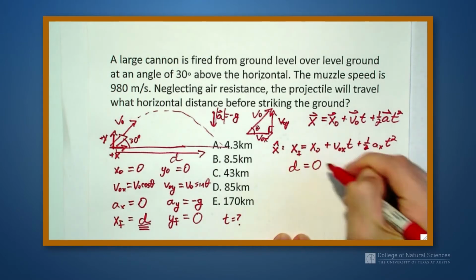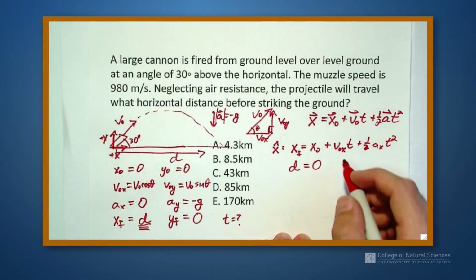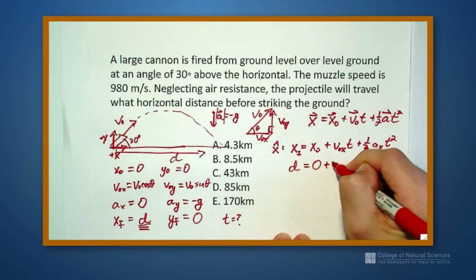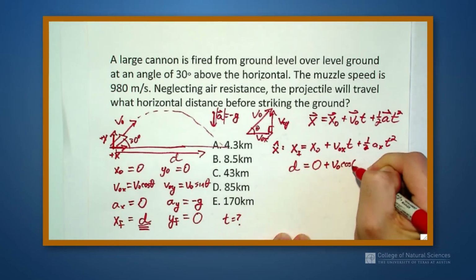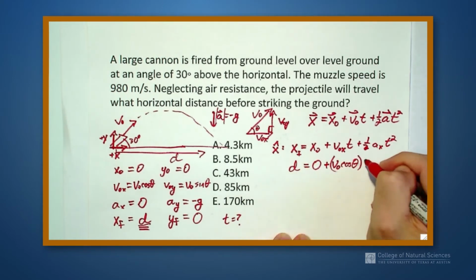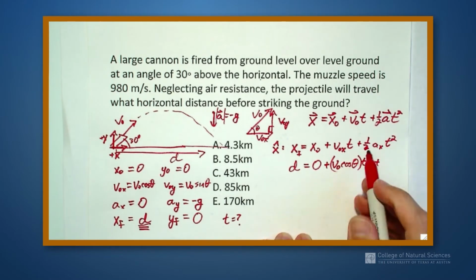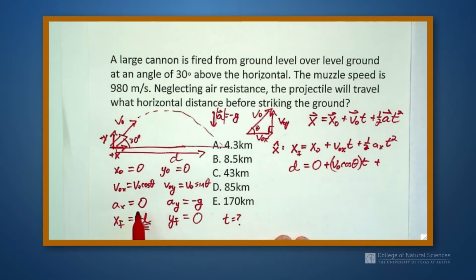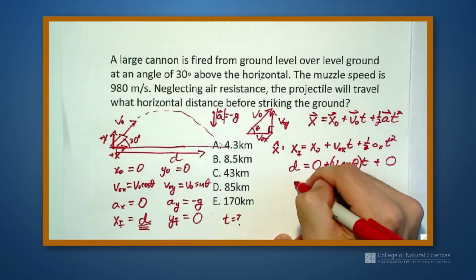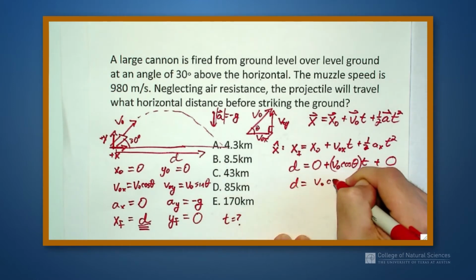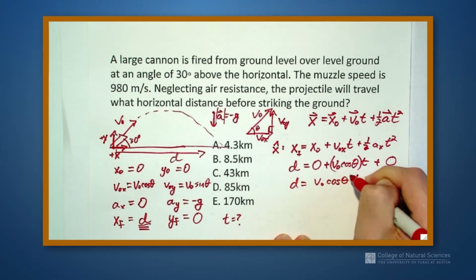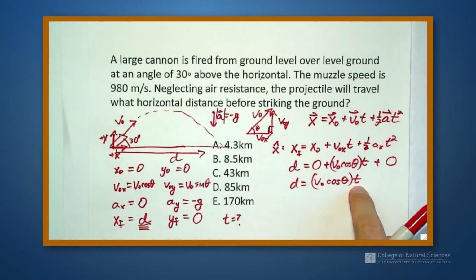I start at position 0 in the horizontal direction. I have an initial velocity v0 cosine of theta times time. And last but not least, I have an acceleration of 0. So d is equal to v0 cosine of theta times time. If I know time, I have v0, I have cosine of theta, I can get d.